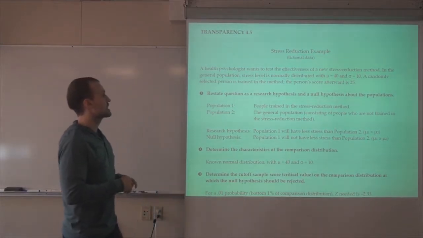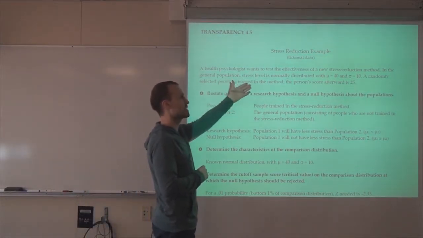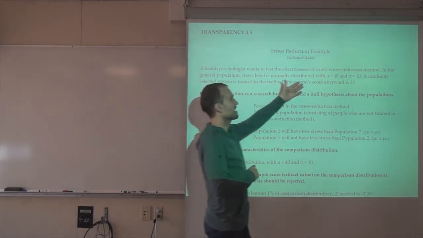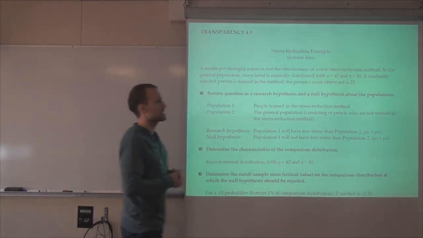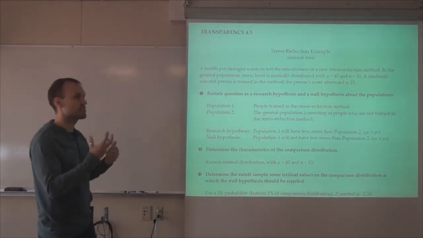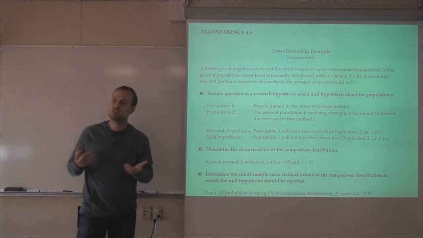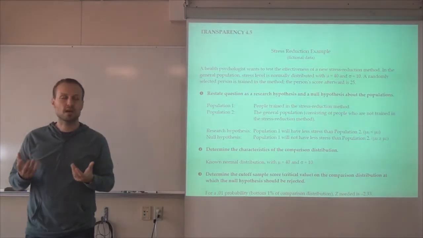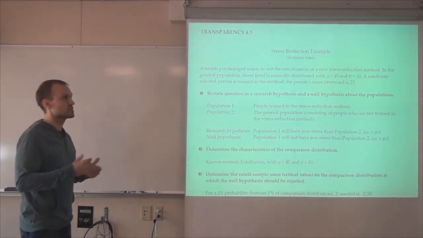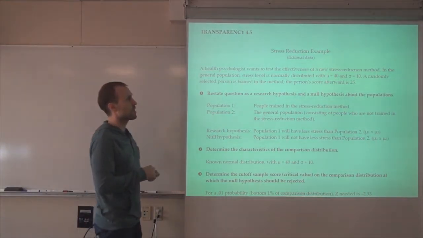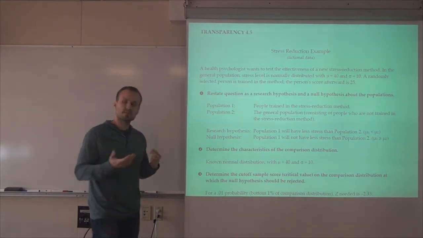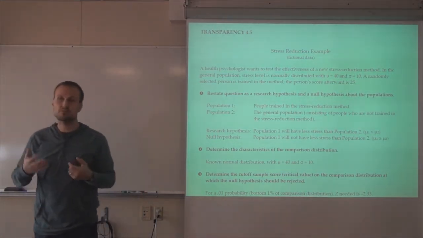Now we randomly select a person to be trained in the method, and we find that that person's score is 25. So we have a sample of one person, and we're trying to compare that to the distribution of our population. Is it a common value? Is it a rare value?